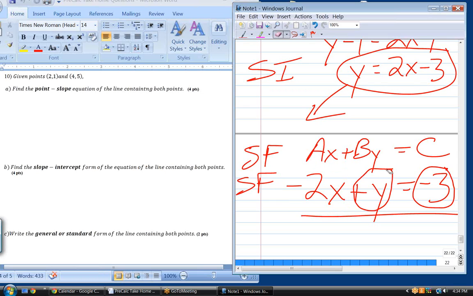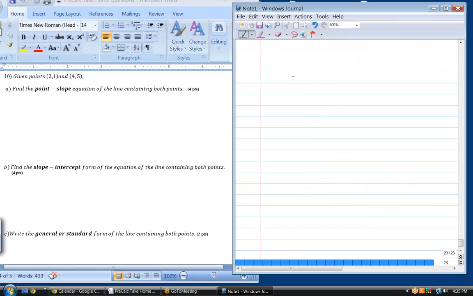And the other thing about standard format is no fractions. If I had a fraction here, I would multiply everything by that denominator to get rid of the fraction. In other words, if I had this equation, that's not standard format because the coefficient of x is a fraction, not an integer.